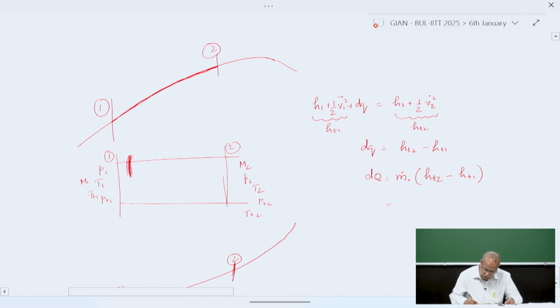Or in other words, m dot o, specific heat, the working fluid remains the same, Cp, TT2 minus TT1. This is clear for all of you. This is dq, what we have seen before, at the section here where we are adding this heat.